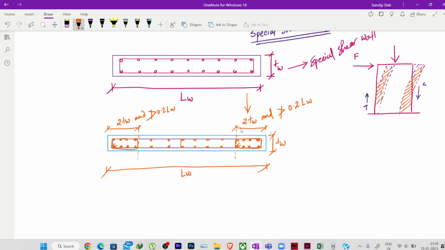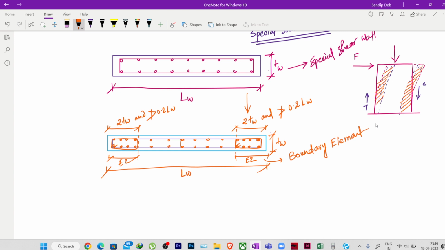Okay, so these end zones which we have made stiffer in a shear wall, these are my end zones, right? I'll write EZ. So these end zones, we call them boundary element.